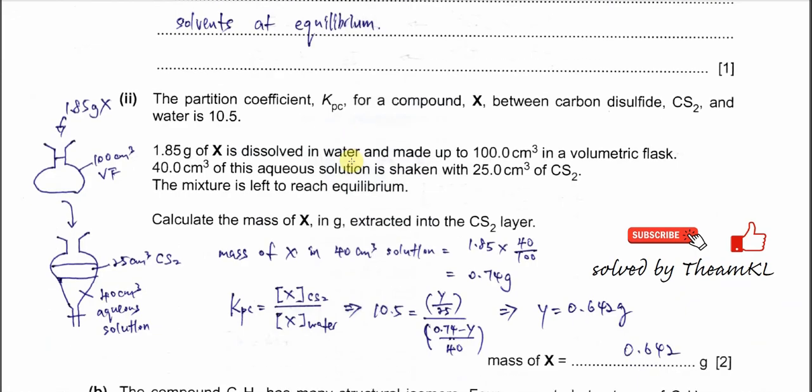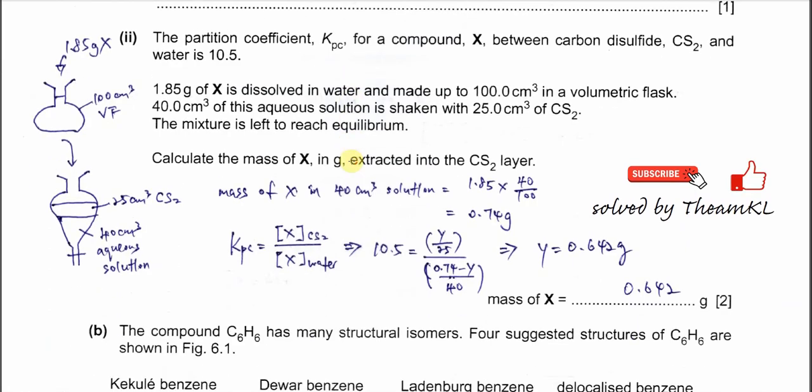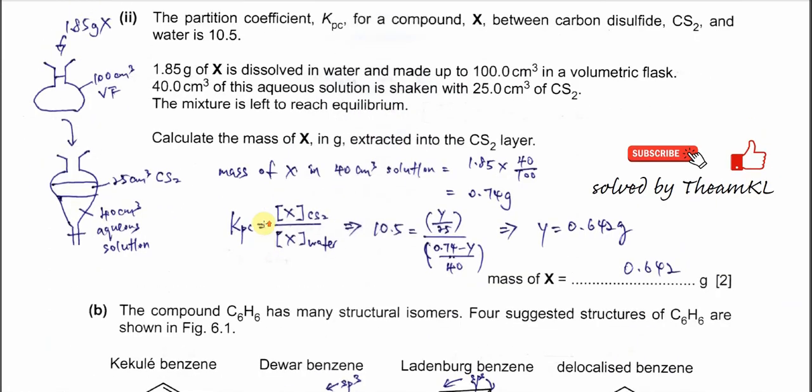So if you want to know more about the KPC expression, let's use this example. KPC is equal to the concentration of the solute. In this question, the solute is X, and this solute will dissolve in one solvent, in this question CS2, and the solute also can dissolve in water, which is another solvent.